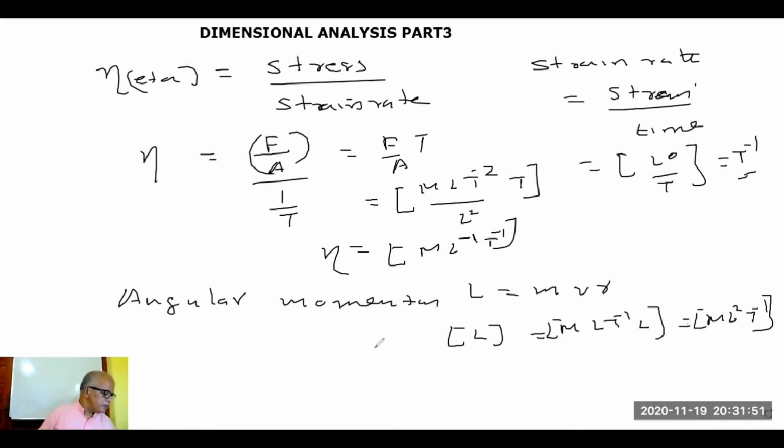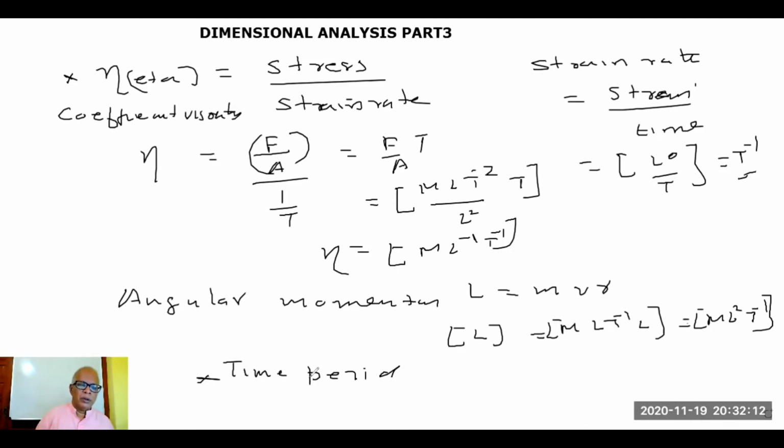Next one is time period. Time period is time only. Eta is called coefficient of viscosity. Now time period is time only.